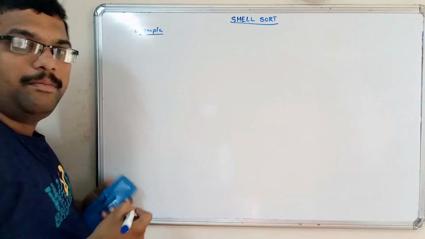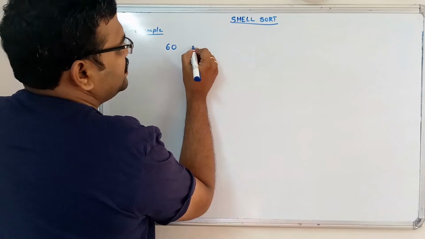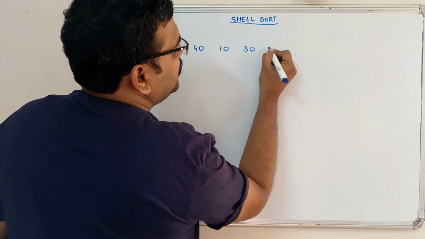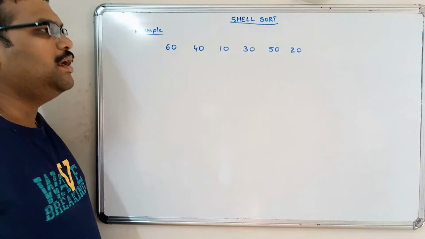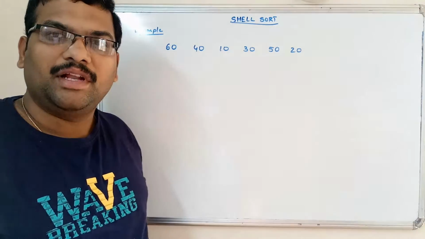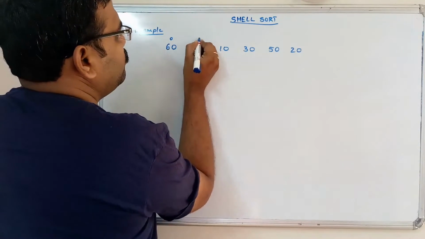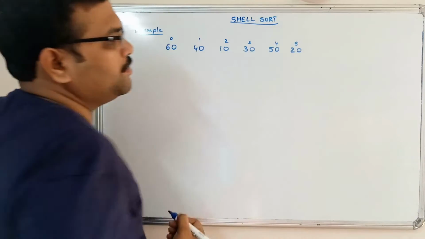So consider a few elements: 60, 40, 10, 30, 50 and 20. Let it be, these are the elements. So the index values are 0, 1, 2, 3, 4 and 5.